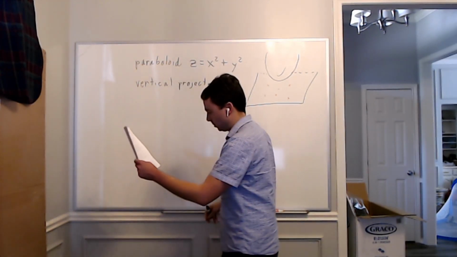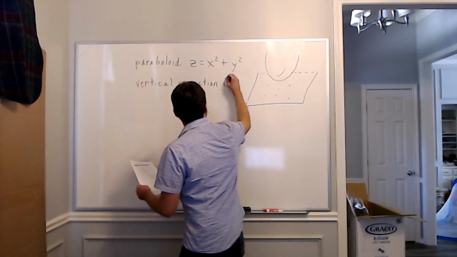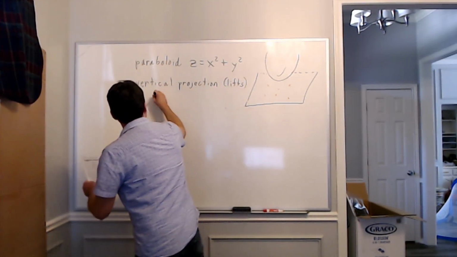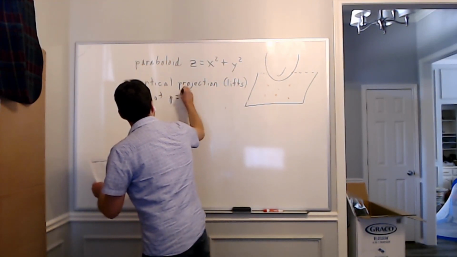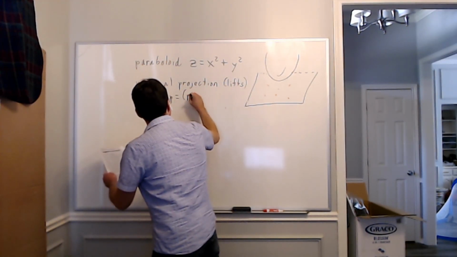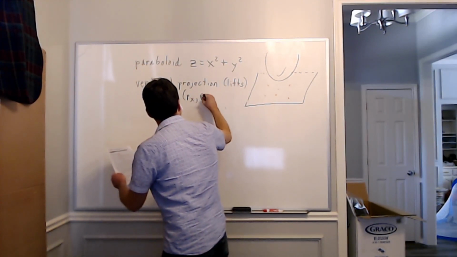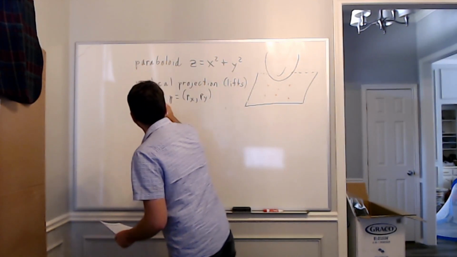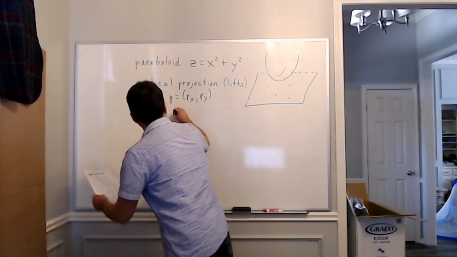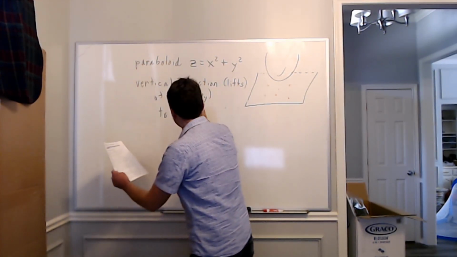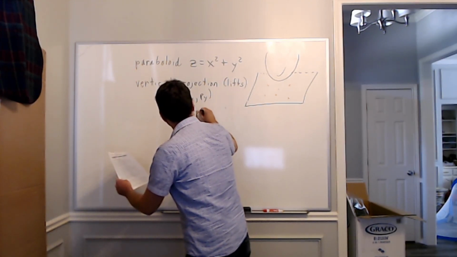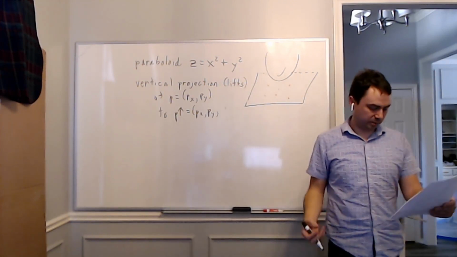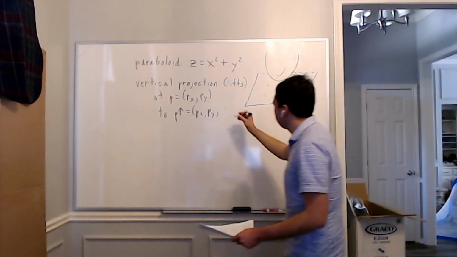We're going to have these things called vertical projections. Sometimes I might call them lifts. And we take a point P at location PX comma PY, and it goes to what I'll write as P up arrow, which is also PX comma PY, but its Z coordinate is going to be PX squared plus PY squared.